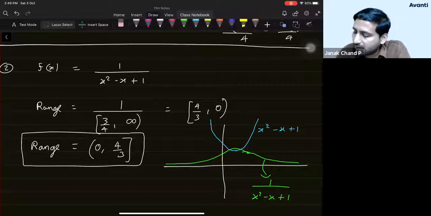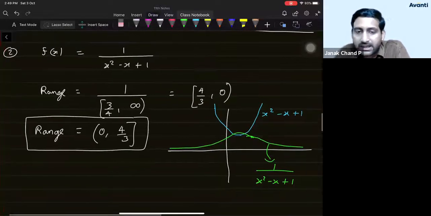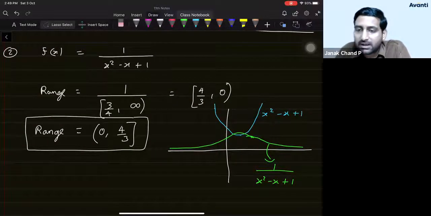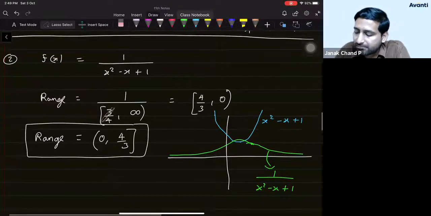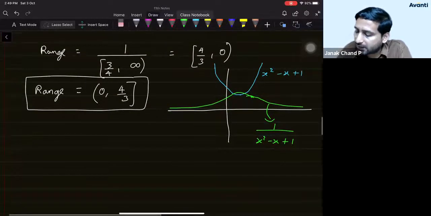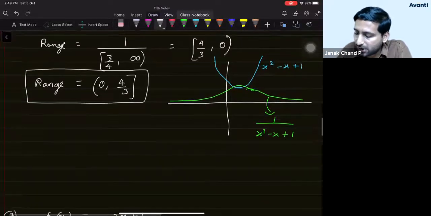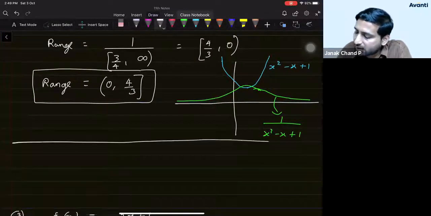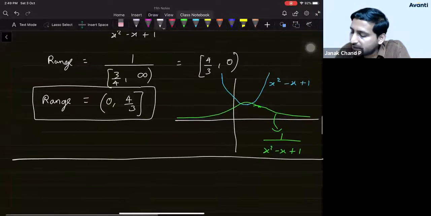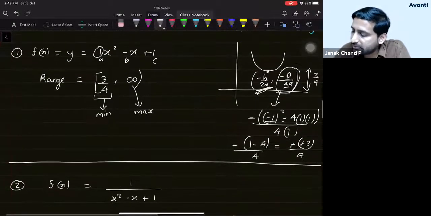Okay, students, so this is how you find the maximum and minimum value for a reciprocal of a quadratic expression. Just write the minimum and maximum value of the quadratic expression and then simplify. That's all. This is the direct approach; you did not do anything else. You directly wrote the minimum and maximum value with the help of this particular formula.